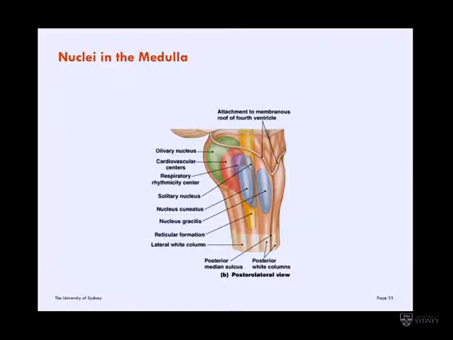So here are some of the nuclei located in the medulla, part of the reticular formation. You can already see these now, right? Here is the gracile nucleus, nucleus gracilis, and the cuneate nucleus.